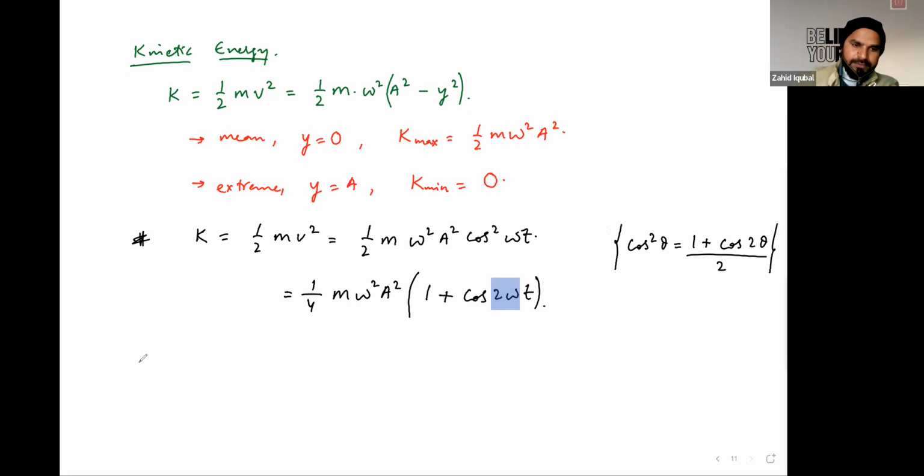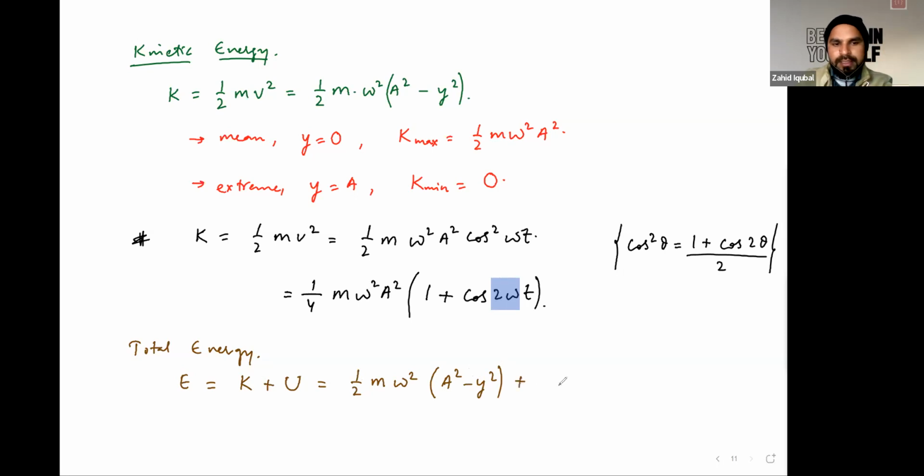Now in the last part, to get total energy. Total energy is the sum of kinetic energy and potential energy. So if you put kinetic energy as half m omega squared (a squared minus y squared), and in terms of potential energy, it will be half m omega squared y squared.